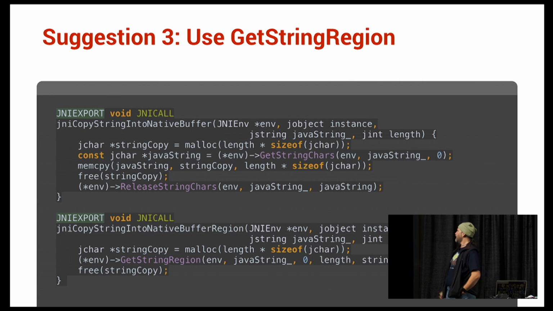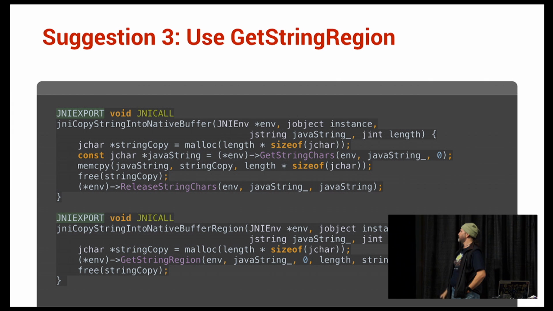And you'll see I'm also doing some memory deallocation here just to be fair on both sides. You can see it's actually several lines of code and several more accesses. Because every time you do something like GetStringChars or GetStringRegion, you're actually talking to the VM as well.